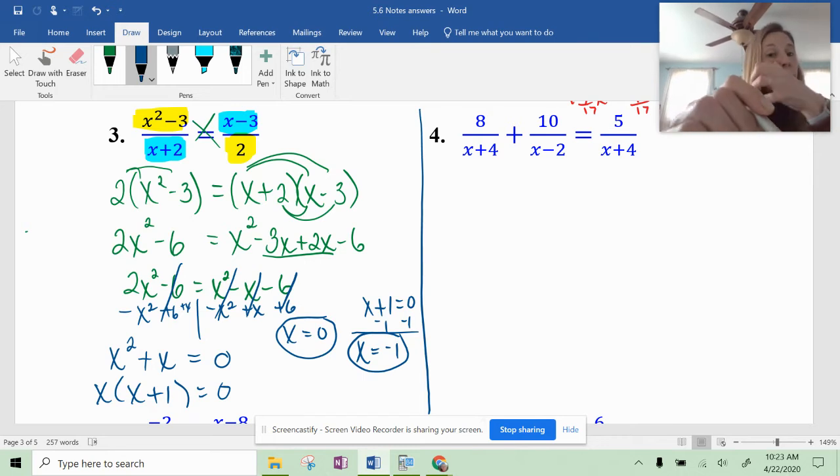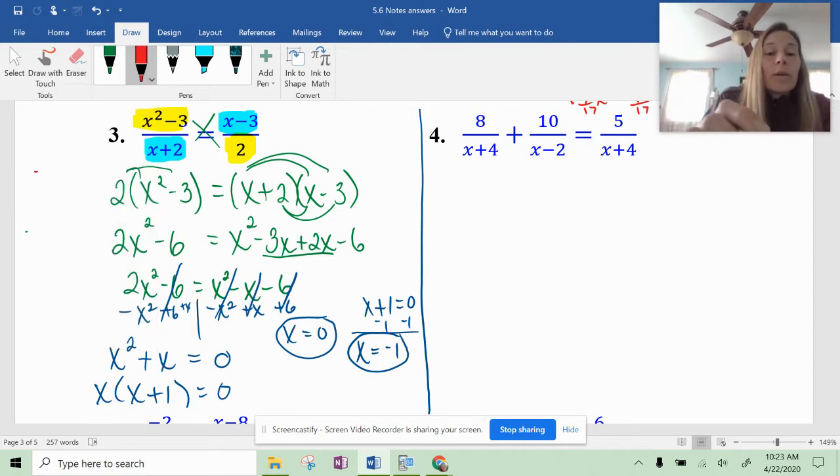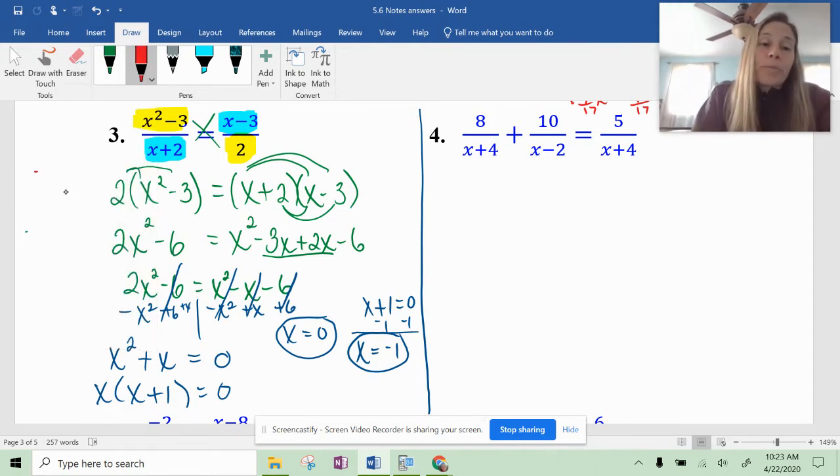So, you can definitely still put them in the calculator, but if you'd rather just check them on paper, sometimes that works better for people. So if I'm putting in a 0 up here, I would have 0 squared minus 3 over 0 plus 2, and then 0 minus 3 over 2. So obviously we can see that that answer is going to work.